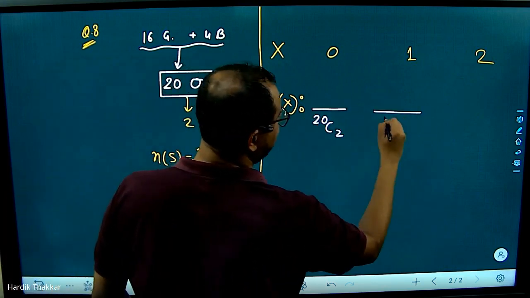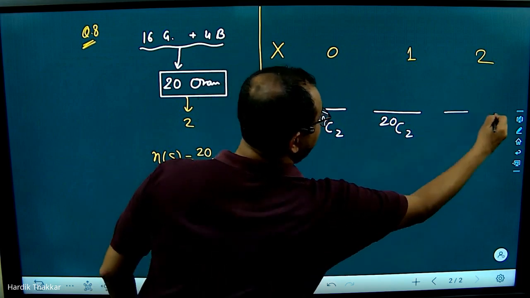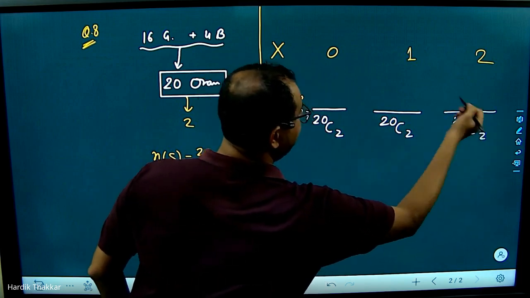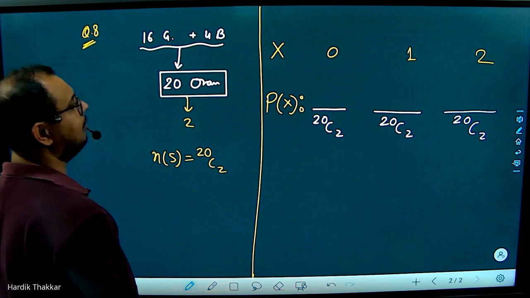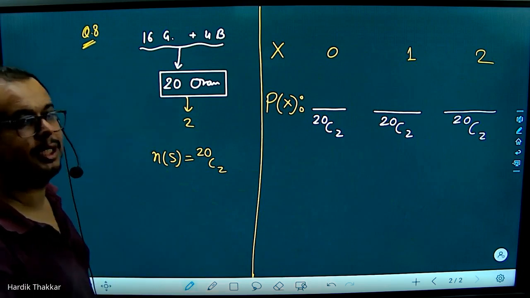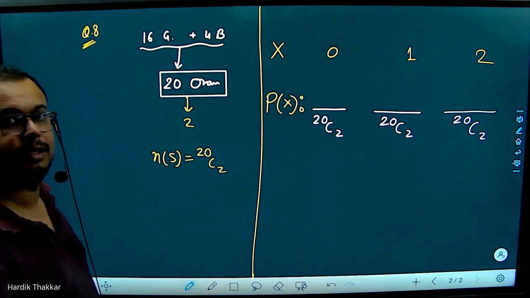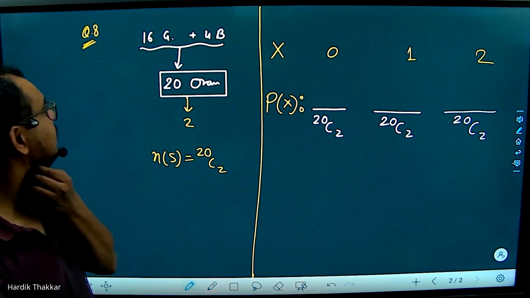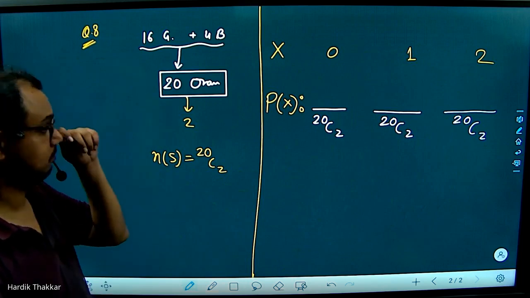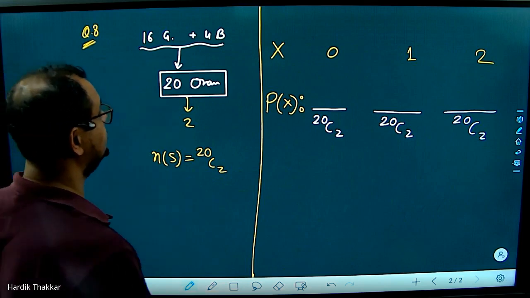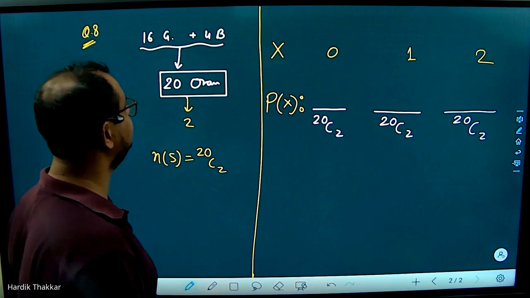In all the cases the denominator will be 20C2, whereas for the numerator in the first part, what will be the numerator for 0 bad oranges? So I think it will be 2C0. Why 2C0?